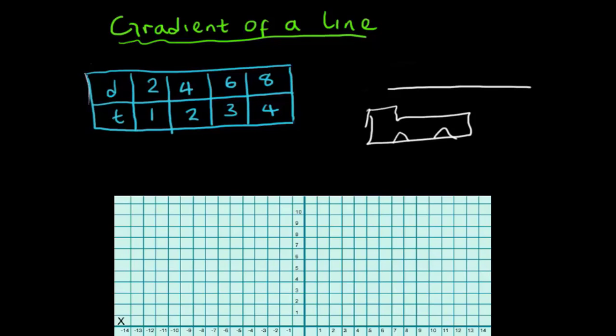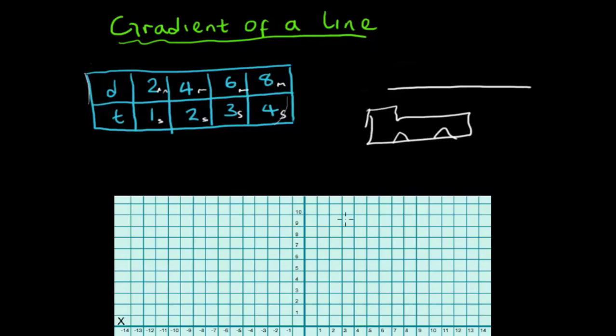I have a table here. Let's say this is the distance on top. The car covers 2 meters in 1 second, 4 meters in 2 seconds, 6 meters in 3 seconds, 8 meters in 4 seconds.